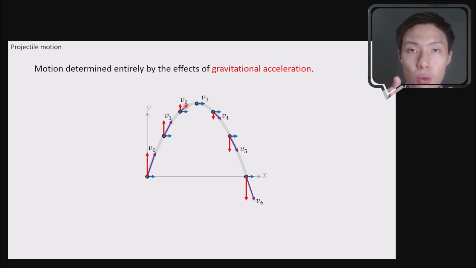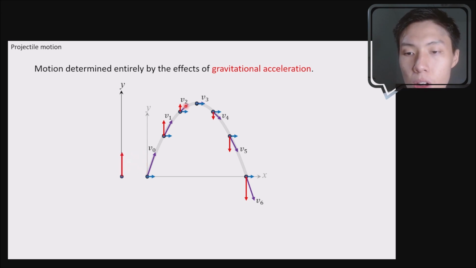So I'm going to pull all the y components to the y-axis, and I'm going to pull all the x components to the x-axis. I create my y-axis, then I pull all of the motion onto the y-axis, because I'm going to study the y components and the x components separately.